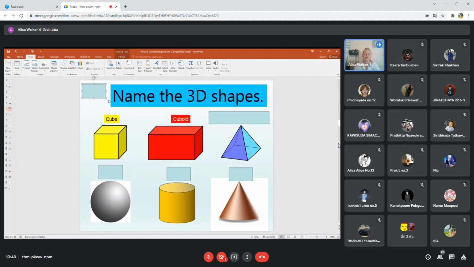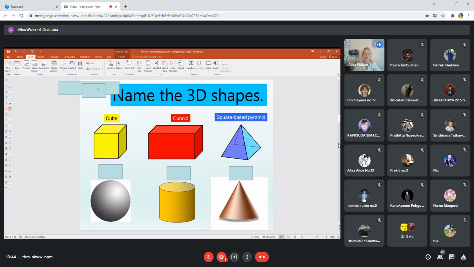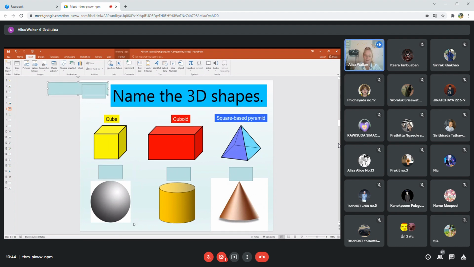Yes, very good. Dada, do you know this shape? Square base pyramid. Good. Very good, Dada. Do you know this shape? Sphere. Very good. Thank you, Few.